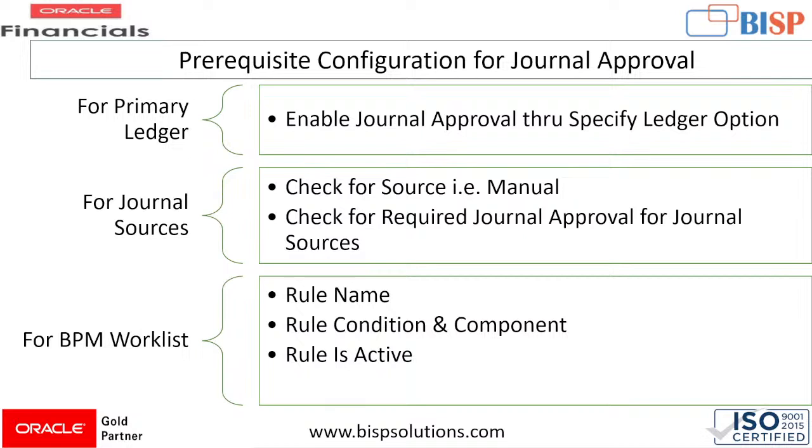And we will test the manual journals as we push them, and we will also see the ADFDI, how to create it, downloading the ADFDI tool and creating journals through the ADFDI, and also the FBDI, how to import the data through FBDI templates. So that's it for today.